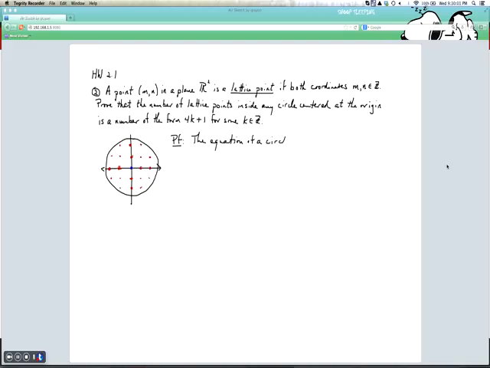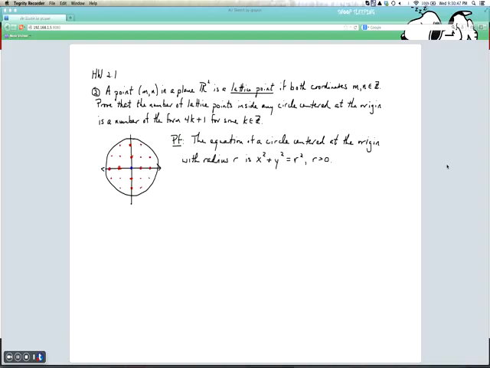The equation of a circle centered at the origin is x squared plus y squared equals r squared, for some positive radius r.